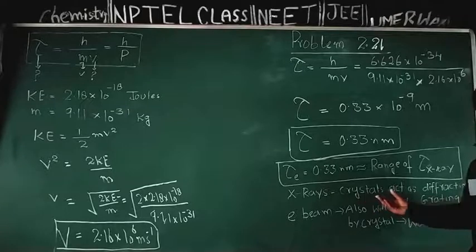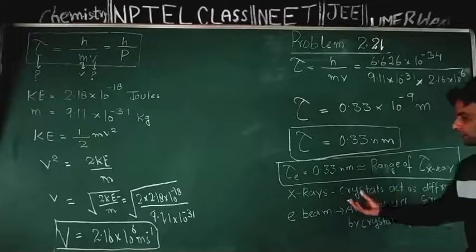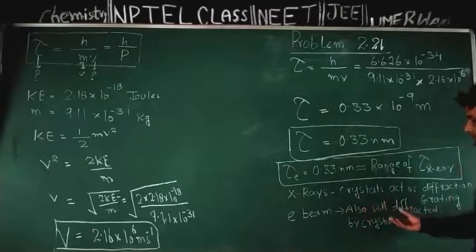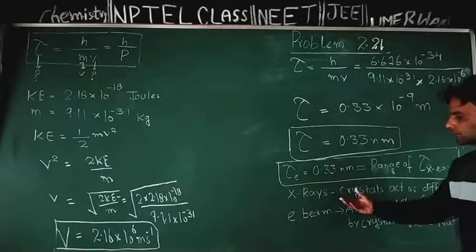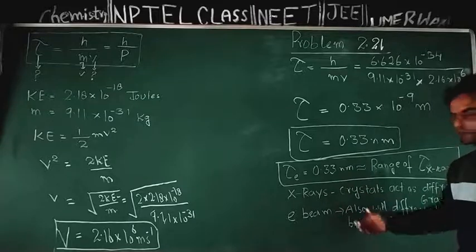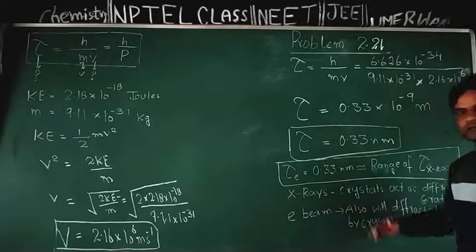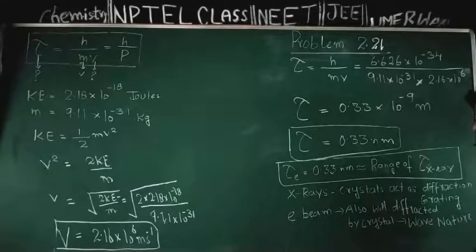Next I said X-rays are diffracted by crystals, and if electron beam will also be diffracted by crystal, it will authenticate that nature of electron beam is similar to nature of X-rays. As X-rays have wave nature, electron beam has also wave nature.